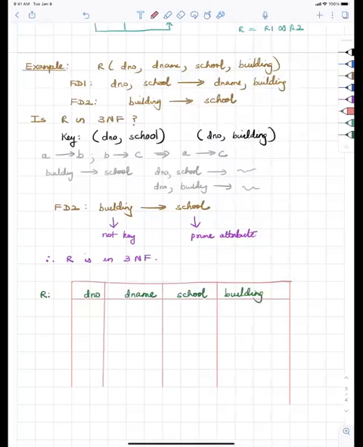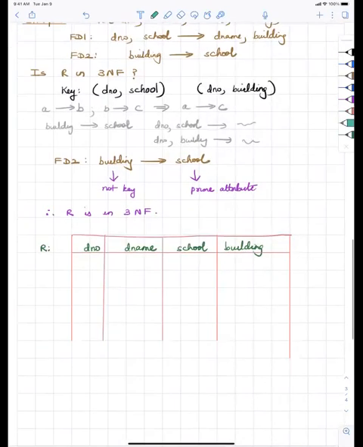Let's say D number is 1, D name is CS, school is SEPS, and building is Kingsbury.